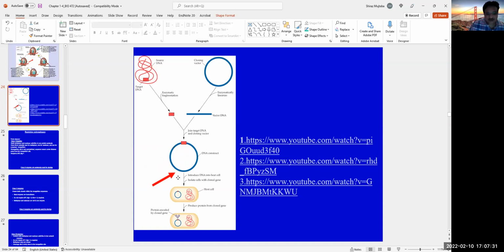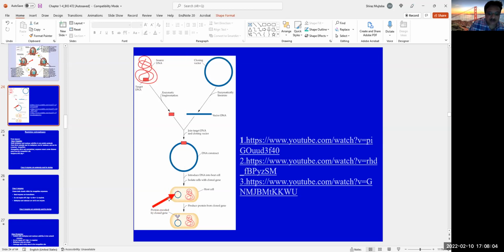And then this plasmid becomes recombinant, right? It has a bacterial origin because plasmid is extrachromosomal DNA that's present inside a bacterial cell. And it has a human insulin gene, for example. So human plus bacteria, it becomes a fusion or recombinant DNA. That's why, classically, this is known as recombinant DNA technology or genetic engineering. This recombinant plasmid is again reintroduced into the bacterial cell.